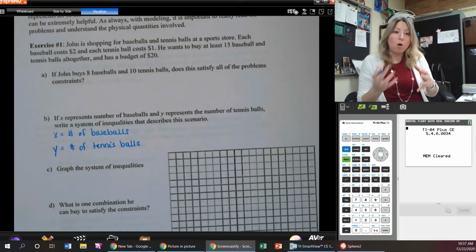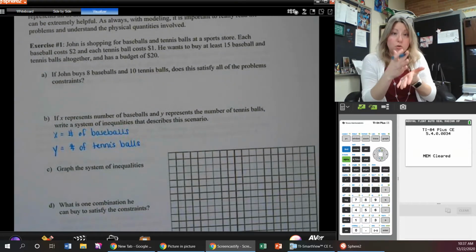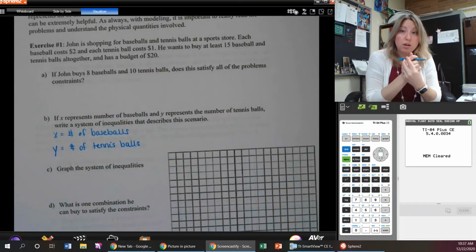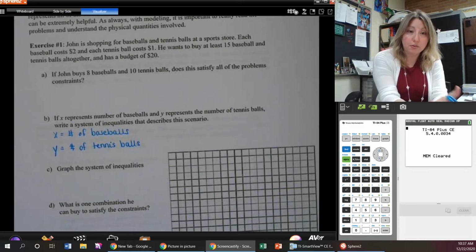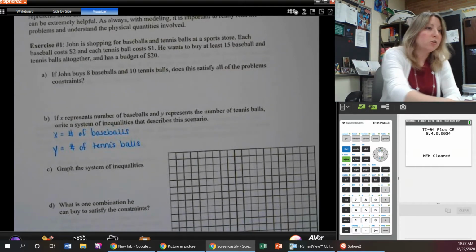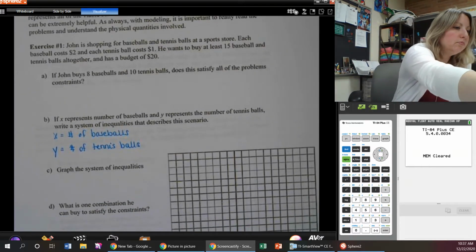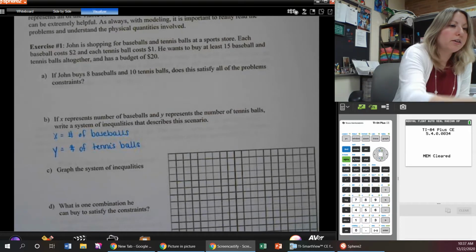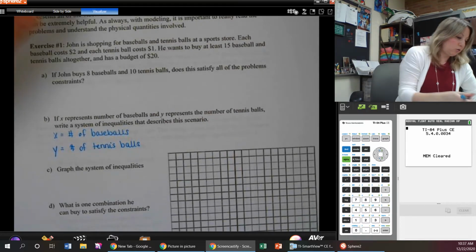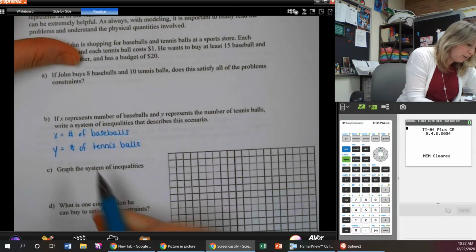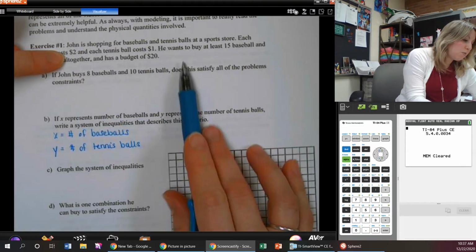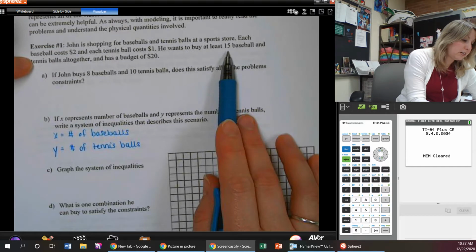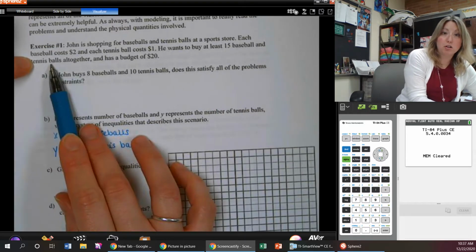Okay. Then what we're going to do is create two inequalities and we are going to graph those two inequalities on the system below. Okay. So I probably should have done X and Y in black, but I'm going to create two different inequalities. My first one is going to be that he wants to buy at least 15 baseballs and tennis balls all together.